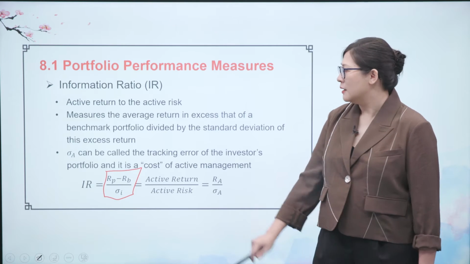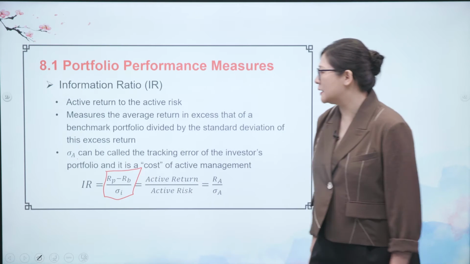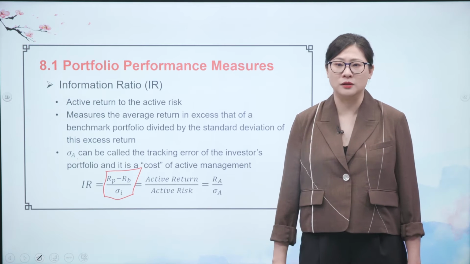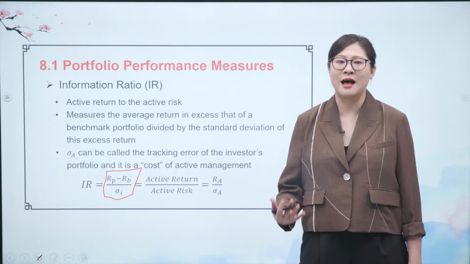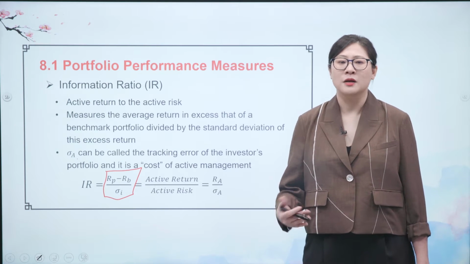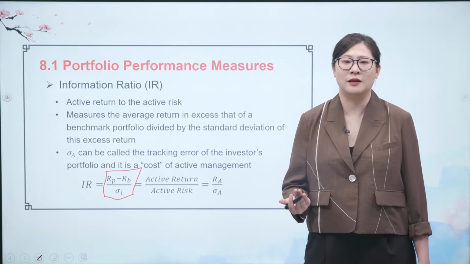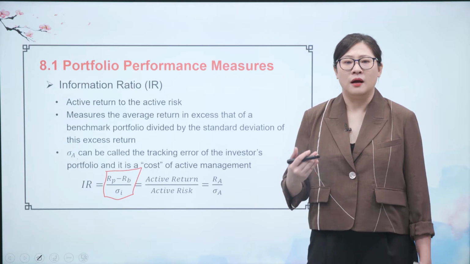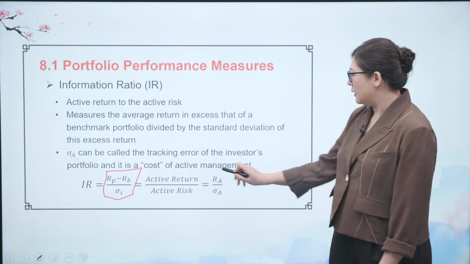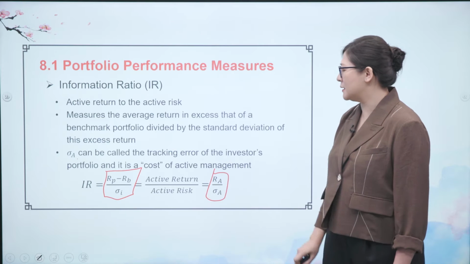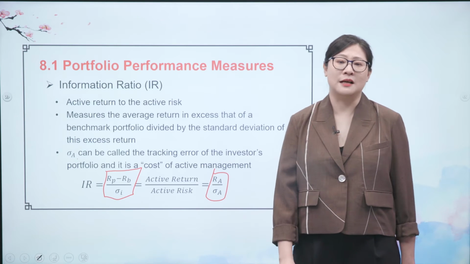Here, sigma A is called the tracking error. In the previous lecture, we learned about the tracking error, so you should know what it is now. You can also remember it as Ra over sigma A.